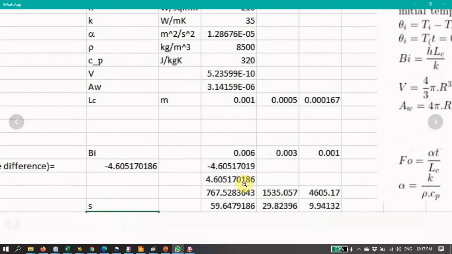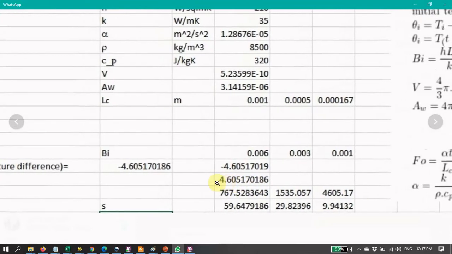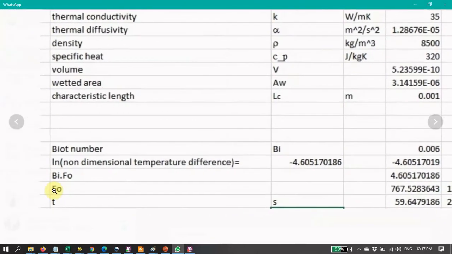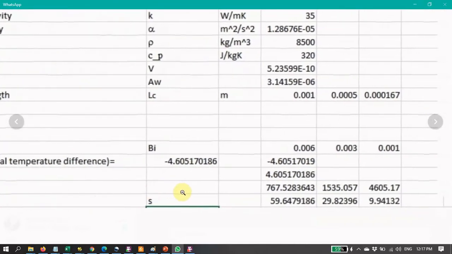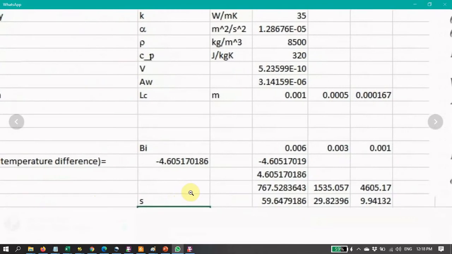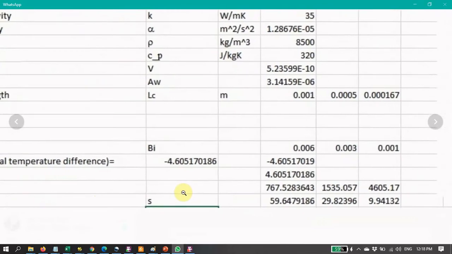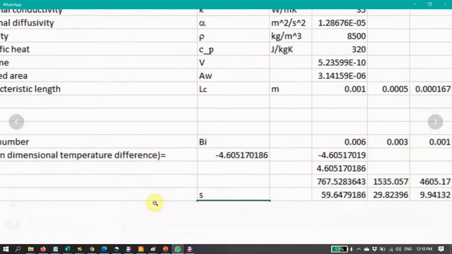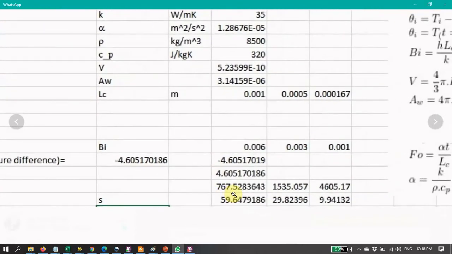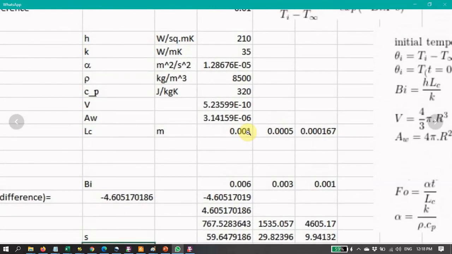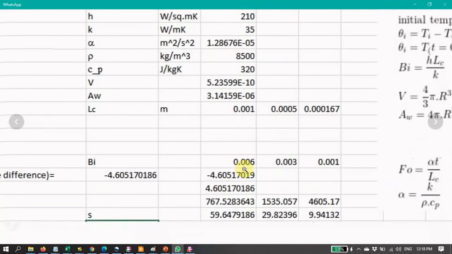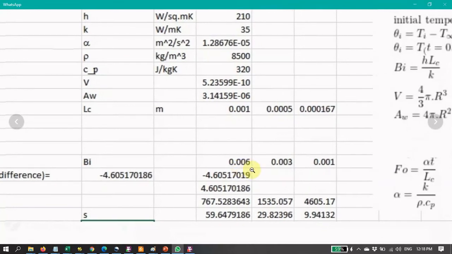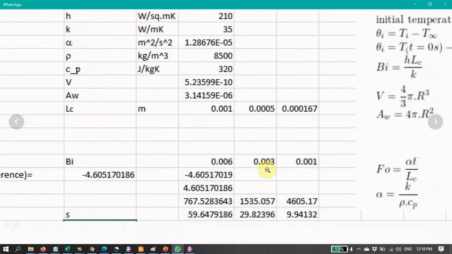And then, with the information on the Biot number we just calculated based on the diameter, radius, and the ratio of volume divided by wetted area, we can see that the Fourier number changed from 767, right? And then when the Biot number becomes so small, the Fourier number becomes greater, about 4,600, something like that.